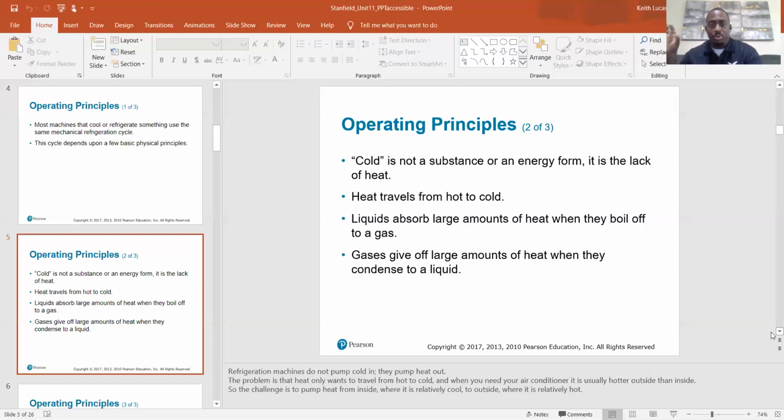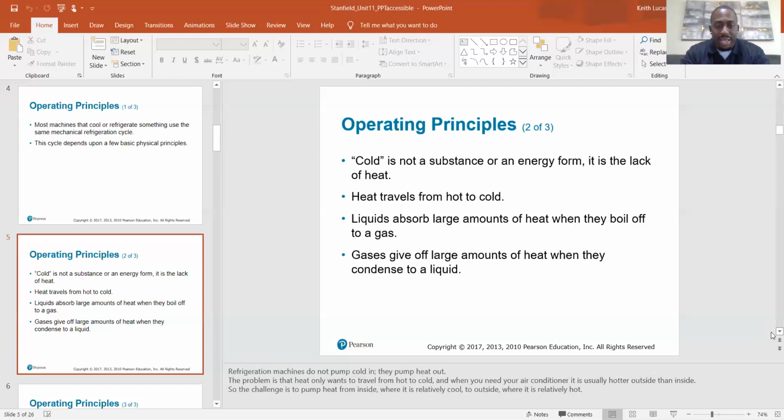So all the heat that was absorbed from the air in the room at the evaporator is now being rejected at the condenser. So refrigeration machines do not pump cold in, they pump heat out.